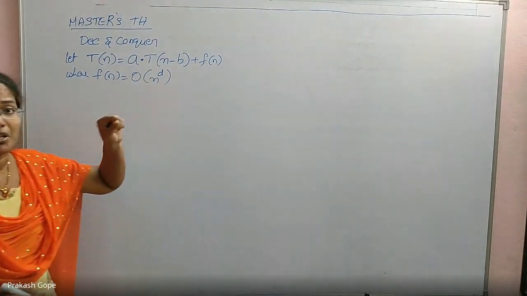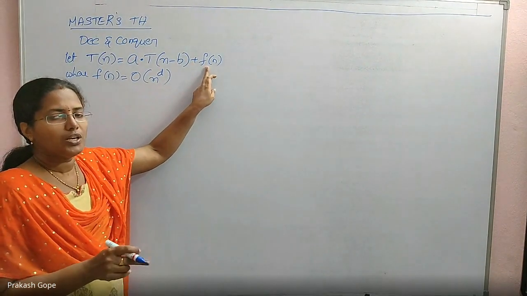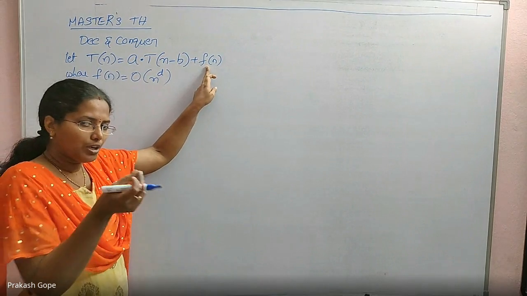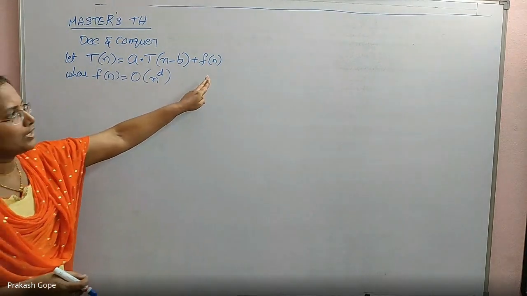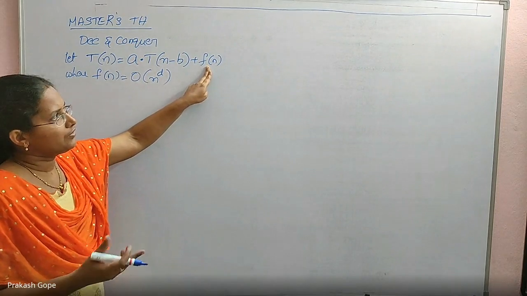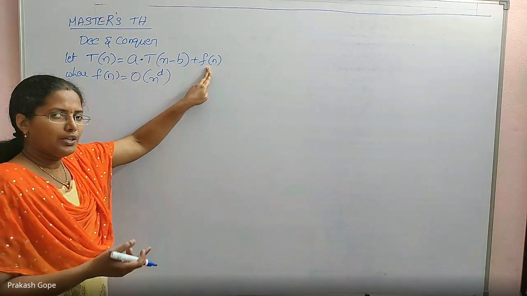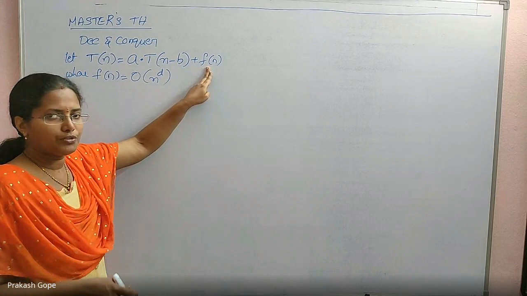Plus 1 is also fine because that is 1 into n power 0, polynomial of degree 0. So even if there is a constant, still it works. Even if it is like n square, n cube, n power 2.5, for all of them it works.